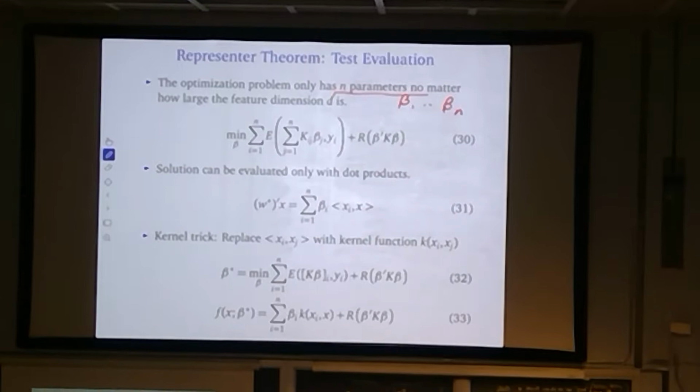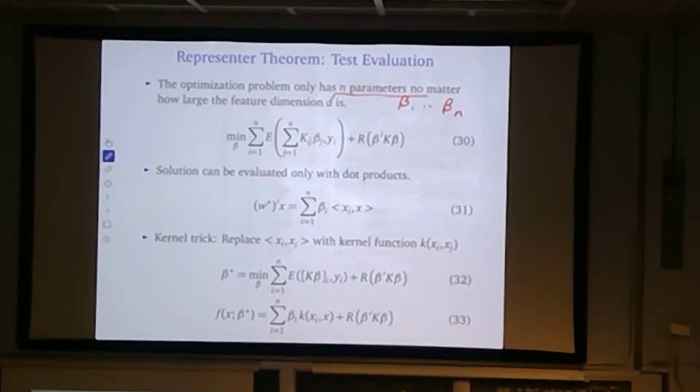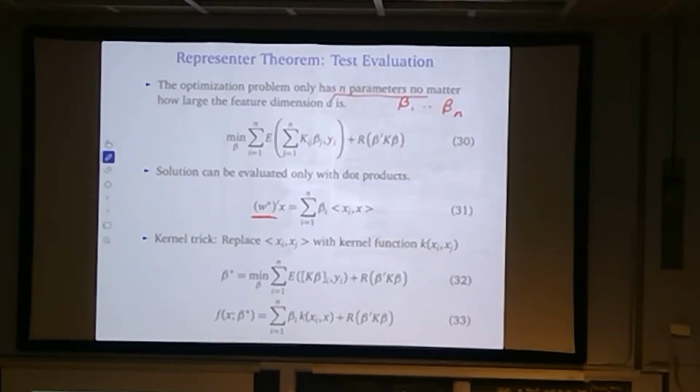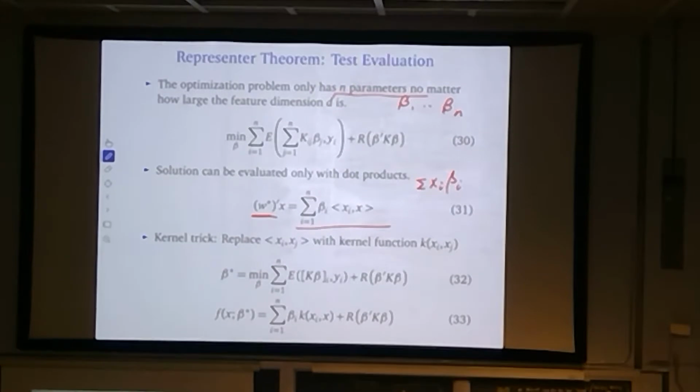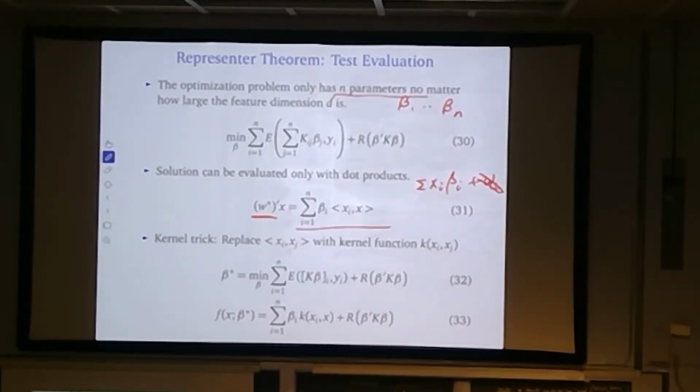And the solution can be evaluated only with dot products. Because W star dotted with x is represented as the sum of xi times beta i, plus the null space part, which is 0 as we have shown. So when I evaluate on a particular x, it becomes the xi-x inner product weighted by beta i.